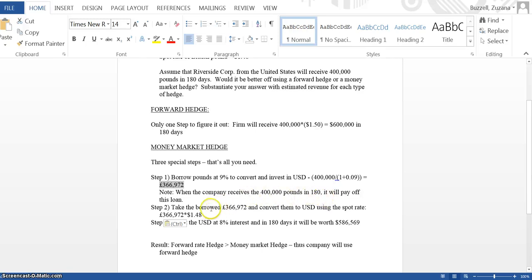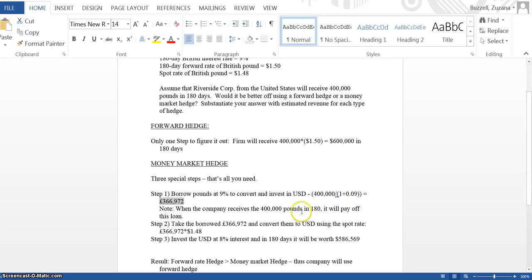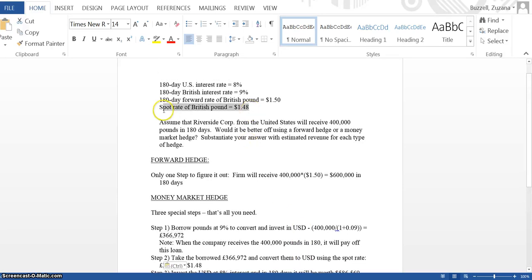And obviously the rest is for them. Now, in step 2, you will take your borrowed 366,972 pounds and convert them to USD, the dollar, and for that, you will use your spot rate right now. Because you're getting the money from the bank right now, so you will be converting it right now.